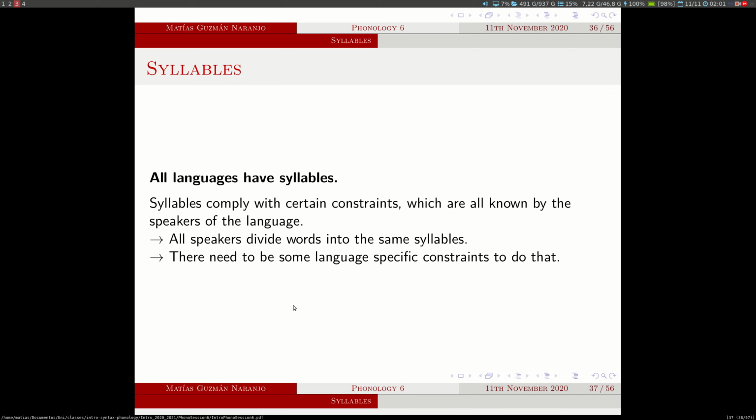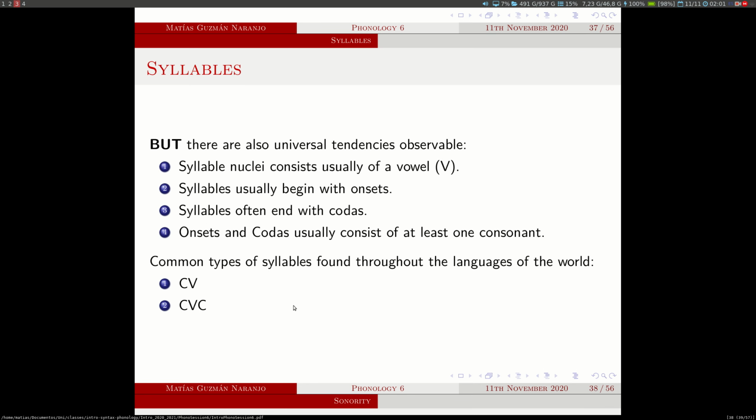Now, all languages have syllables. Syllables comply with certain constraints, and the speakers know how to divide words into syllables, and they tend to agree. There are some universal tendencies. Nuclei are usually vowels. It's the most common type.